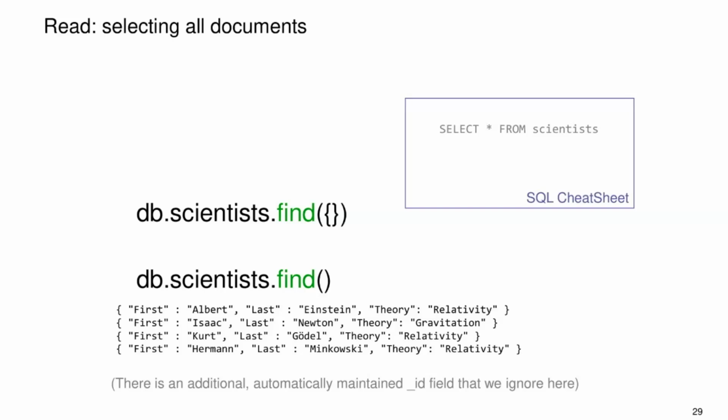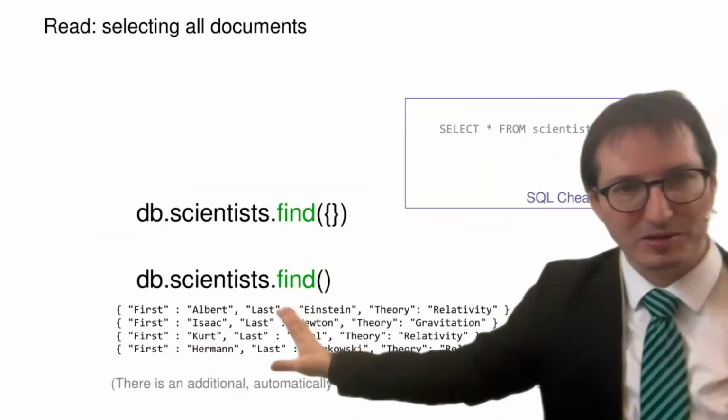But if you're actually writing a computer program, you can also write a loop that iterates over all of the objects that is returned, right? All right. So the find function does that. You can either call it without any parameters, open, close parentheses, or you can call it with an empty JSON object. The two are totally fine. Right? So all of that returns the entire collection.